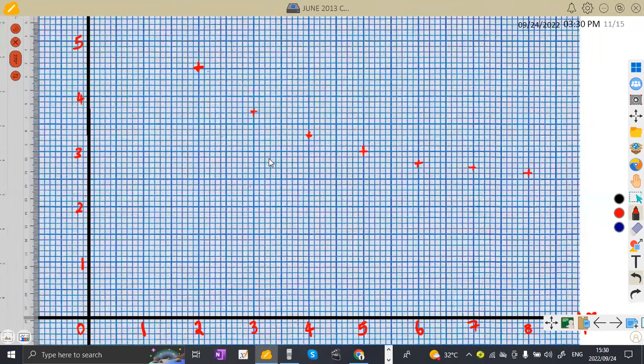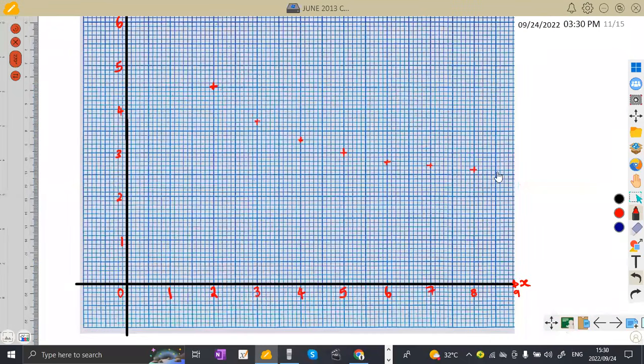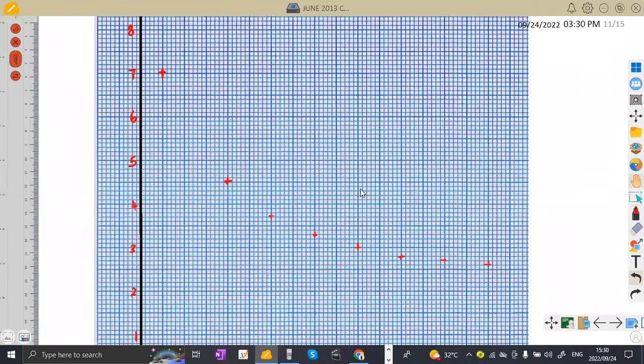Okay, so these are the points, guys. This is an inverse graph, because x is in the denominator. So we just join the points as usual. Here, make sure that you draw a smooth curve. As for me, it's going to be difficult, but make sure you try by all means to draw a smooth curve.